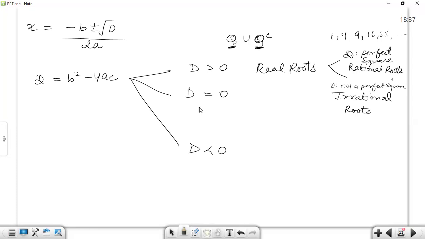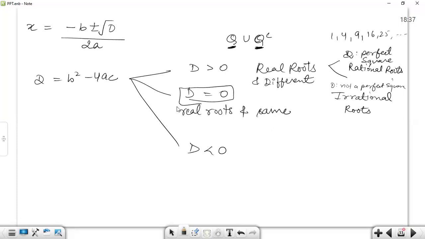In these cases the roots are real and different; they both will be different. When the discriminant becomes 0, the roots will still be real, and the roots will be the same.